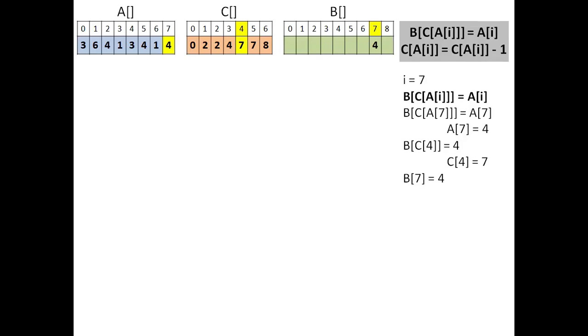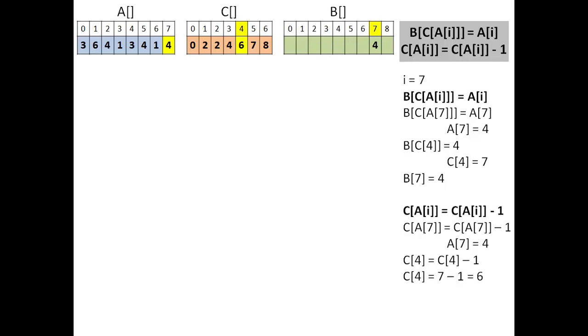So, for the taken example, we have to start with the last index, that is i equal to 7. So, A7 is 4 and C4 is 7. Thus, element 4 is placed at position B7.